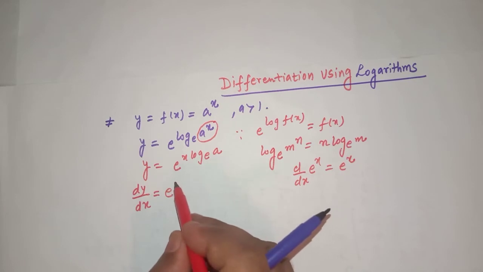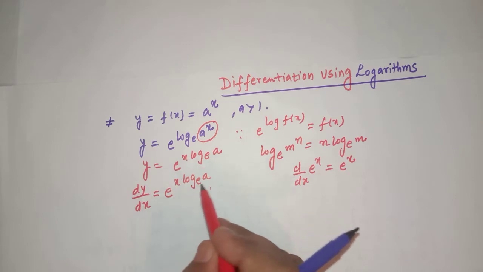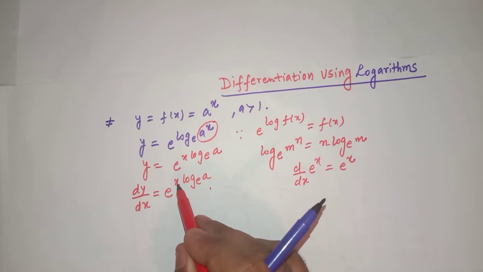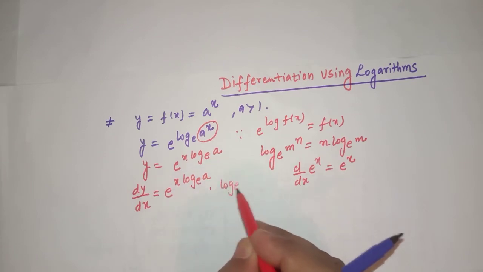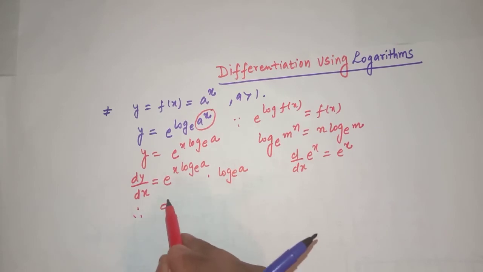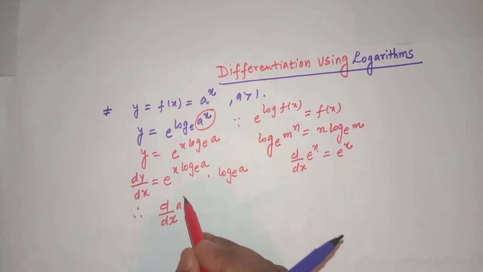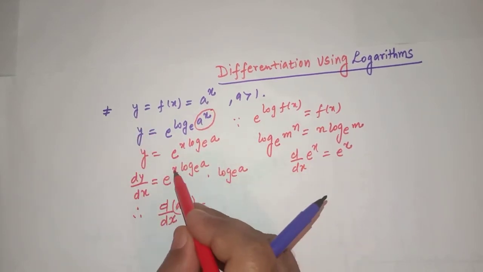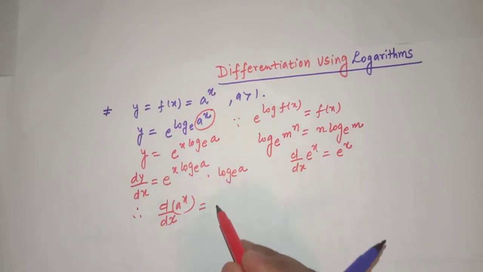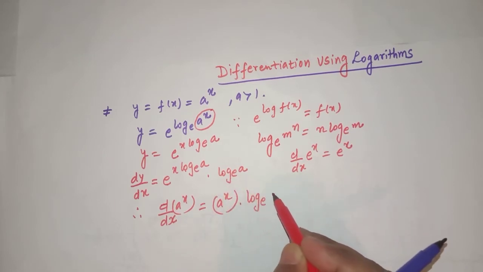So here we have e raised to x log a, and then by chain rule we differentiate this function. The derivative of x is 1, so we get log a. Hence, we substitute: y is equal to a raised to x is equal to e raised to x log a. So this is a raised to x multiplied by log a to the base e.